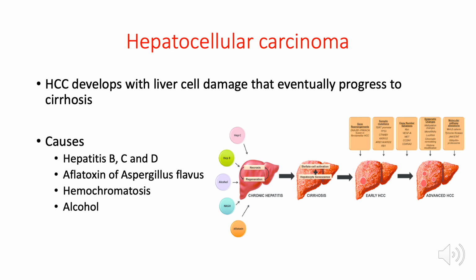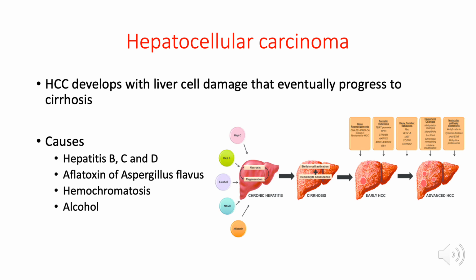Listed here are some of the causes of hepatocellular carcinoma: hepatitis B, C, and D, because these viral hepatitides are known to cause chronic hepatitis. With their chronicity, they can really cause cirrhosis, and eventually the cirrhosis will lead to the occurrence of hepatocellular carcinoma.